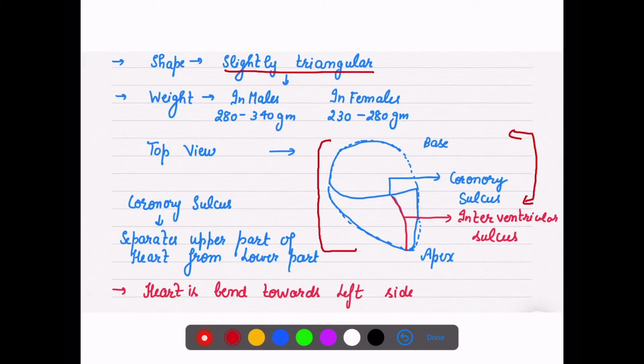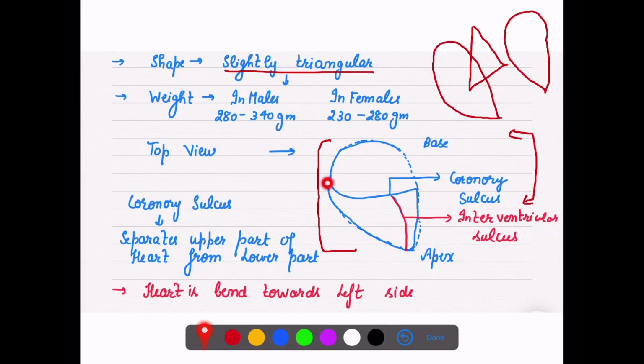It is slightly to a side towards left, as well as triangular. The upper part is broader and wider and the lower part is narrower in our heart, and it is not straight, it is tilted towards the left side.